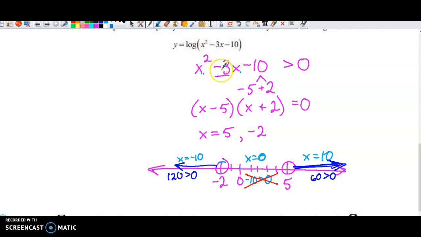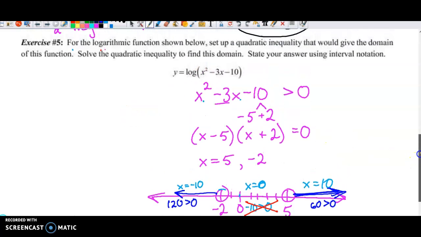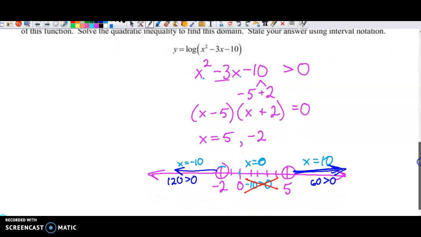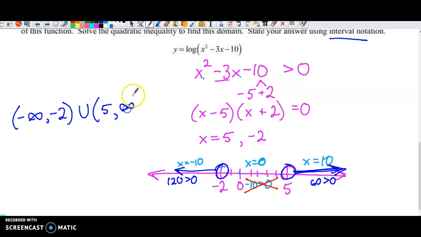So what's our final answer, or what's the domain on this? Let's see, they want interval notation, which I prefer. Recall that we write it from -infinity to -2, parenthesis, because we do not want it to equal, and then that union symbol, because we can also plug in values to the right of 5.